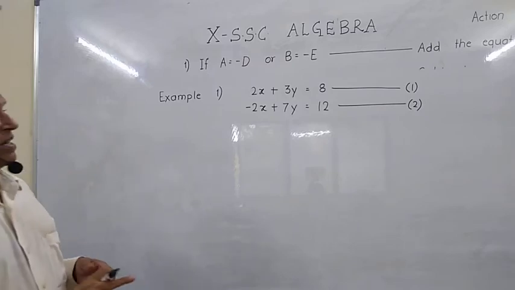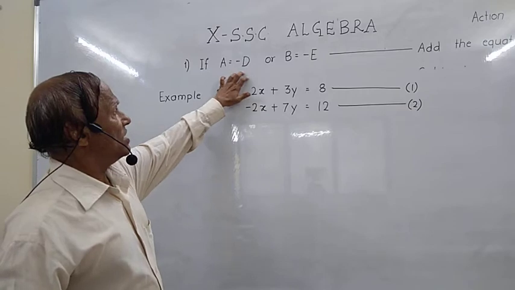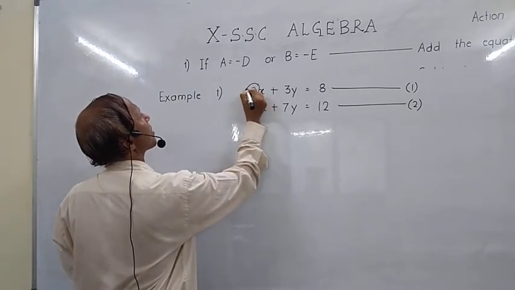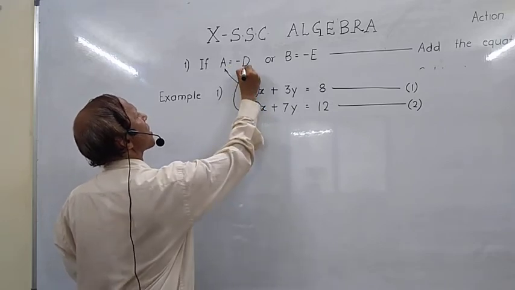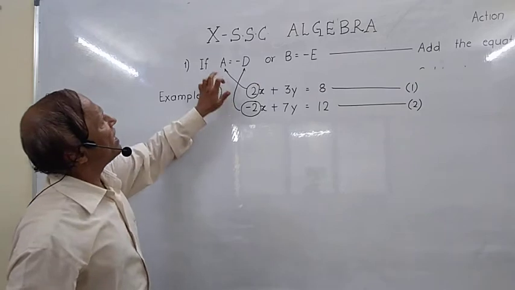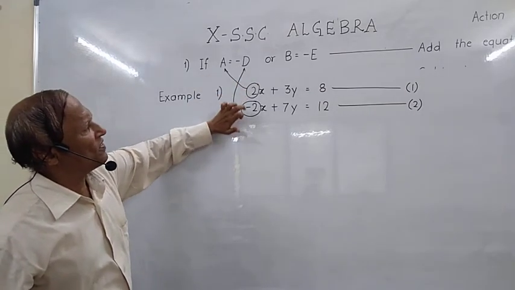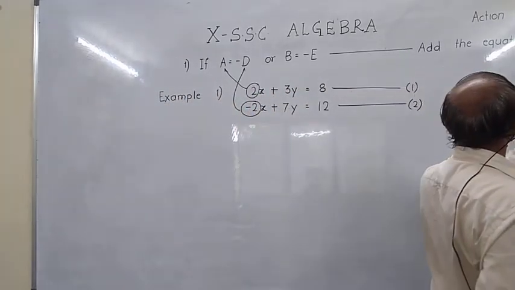Why have I taken this example? Because I wanted to demonstrate our condition. This is your A. This is your D. Do you find A is equal to minus D? Whether their signs are opposite? Yes. Then we can apply the rule and add the equations.